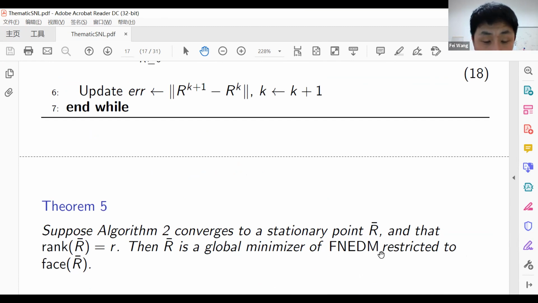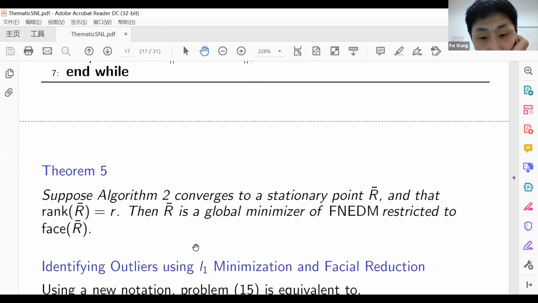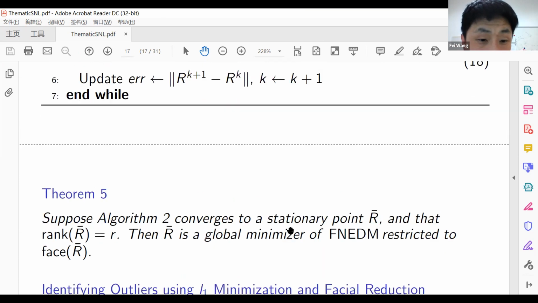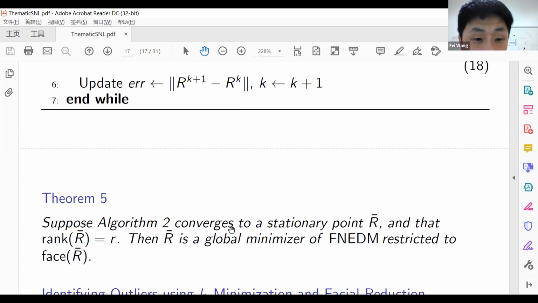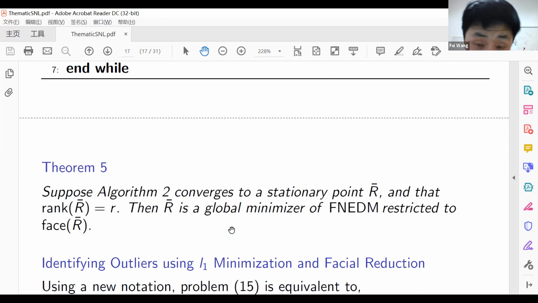So although we cannot guarantee that this always converges to the global minimizer, we can check. There's a condition that we can check if it's indeed a global minimizer of the NEDM. So this is the hard case, which can be efficiently solved by the rank majorization approach.